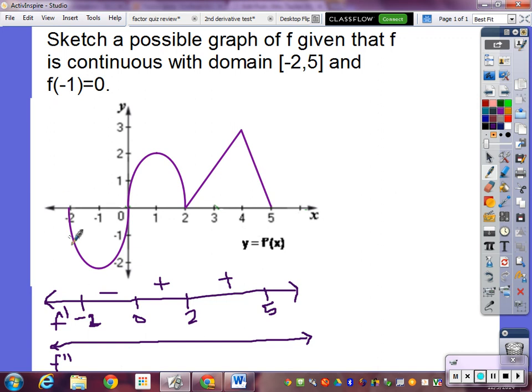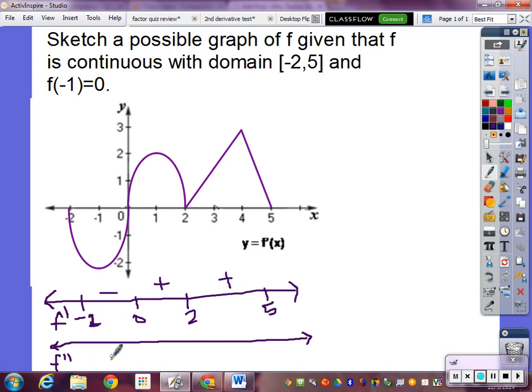As I follow along the curve of f prime, from -2 to approximately -1, my curve is decreasing. And then from -1 all the way to 1, it's increasing. And then decrease, increase, decrease.